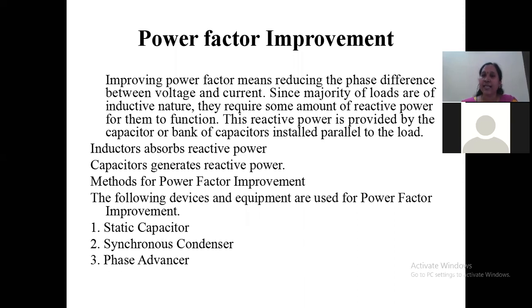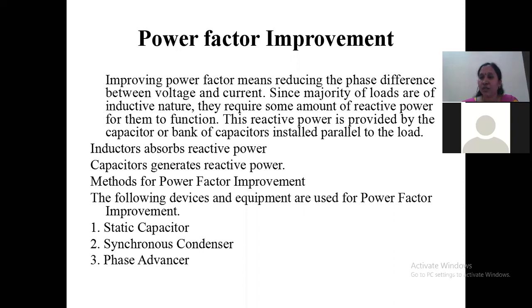The cosine of the angle between the voltage and the current, we call it the power factor, and always the power factor should be maintained at unity. Usually the power factor value is between 0 to 1. That is to be maintained unity always, but it is not the prevailing condition in all the systems.